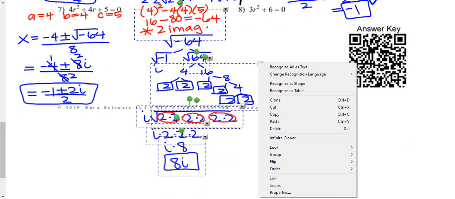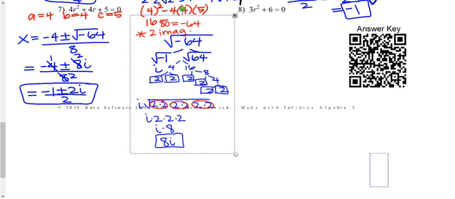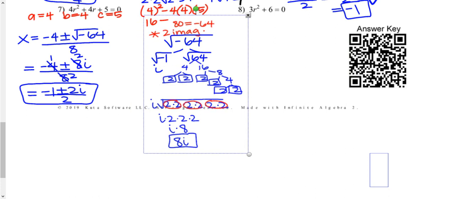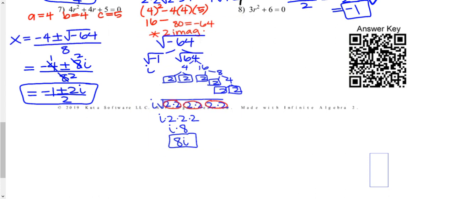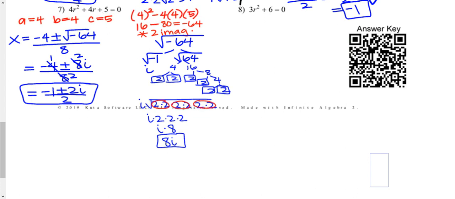Oops, not that. Just gonna kind of shrink this out a bit. Alright, sorry. Okay, now I have more room.